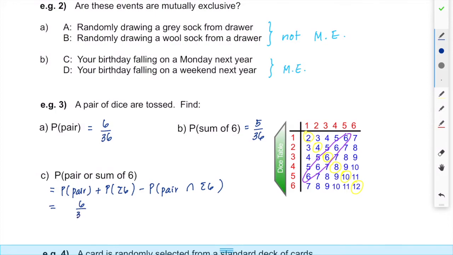So 6 over 36 plus 5 out of 36 from parts A and B. What is the probability of getting a pair and a 6? So here on the chart, I can tell that amongst all the 6s, one of them is a 3 and 3. So this is a pair, which means that we should subtract this probability from the total. This gives me 10 out of 36 or 5 out of 18.